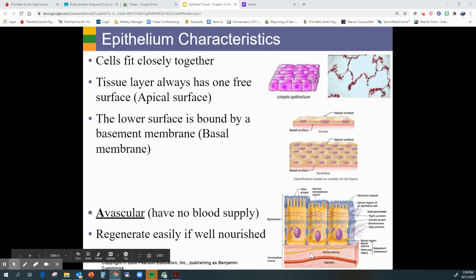It gets all of its nutrients through diffusion from the layers below it. Okay, it does regenerate really easily, especially since this is kind of a sacrificial tissue in most cases. It is worn away quite often, right? So it needs to be able to kind of replace itself.